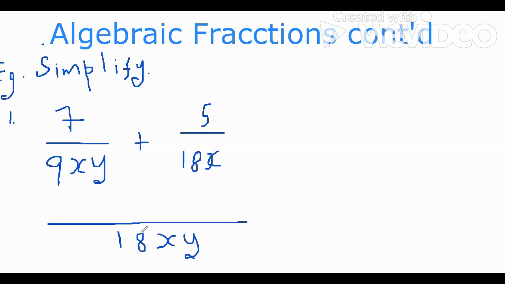Even though you have two x's, you only write back one. Then you're going to say 9xy into 18xy. So xy into xy will cancel out. And 9 into 18 gives you 2. So 2 times 7 is 14. Everybody see that?